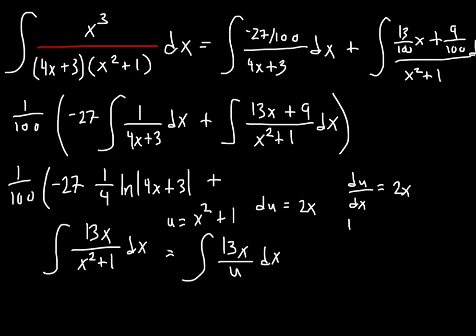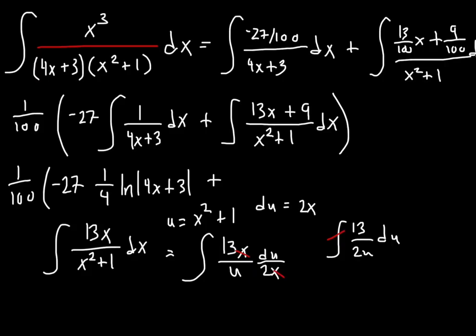That means du equals 2x dx. Dx equals du over 2x. So I'm going to replace dx with du over 2x, and notice that I can just cancel out the x. So now I have integral of 13 over 2u du.